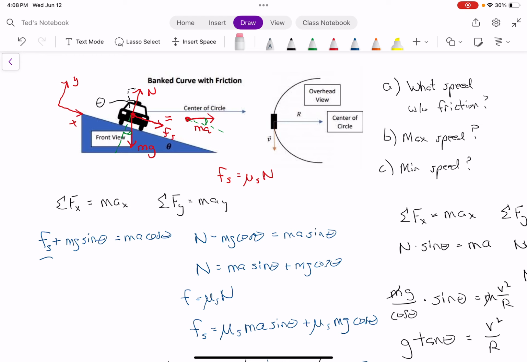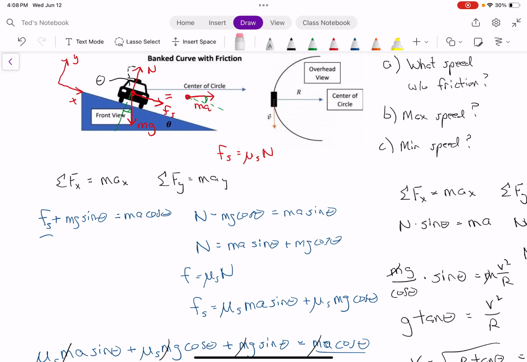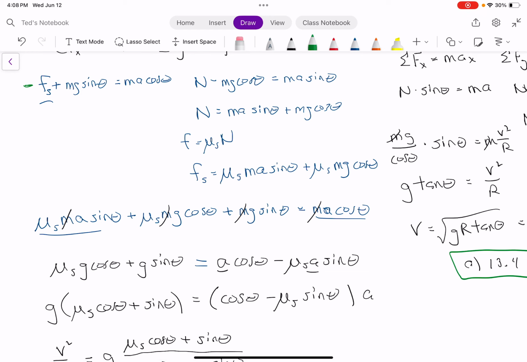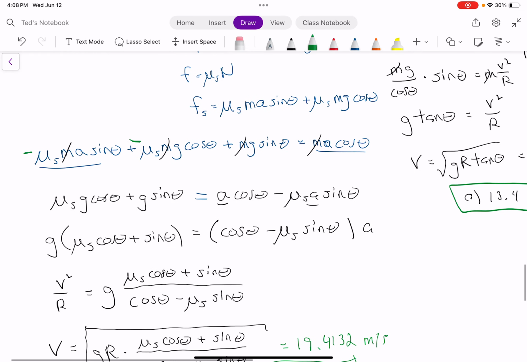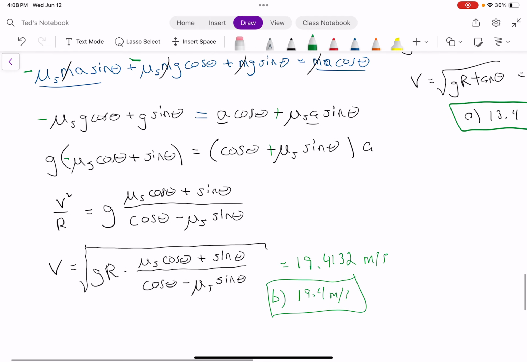What would happen is we would do this problem the exact same way, except this friction force would be negative because it would be pointing up the hill instead of down the hill, which means that both of these would be negative, and these would be positive.